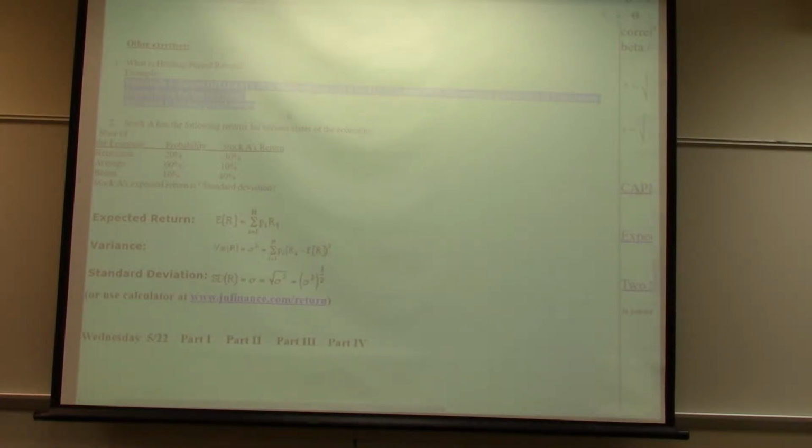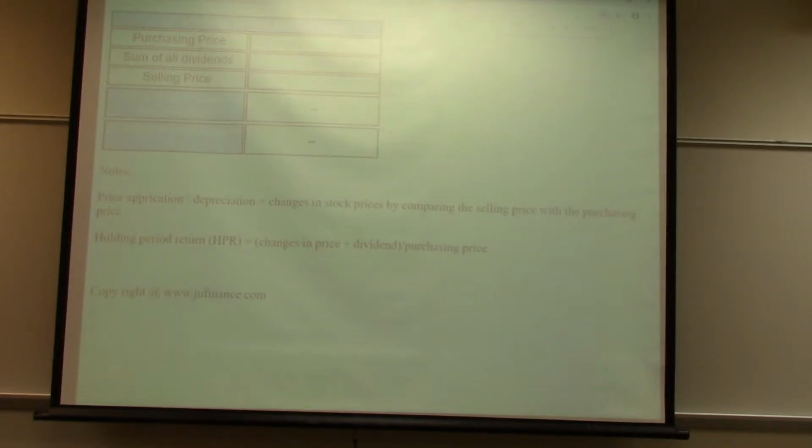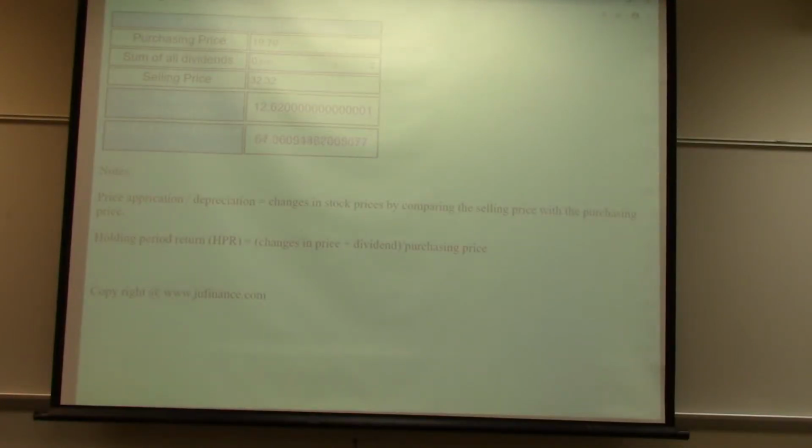So in this one, it should be 32.32 minus 19.70 plus 64 cents, and use the whole thing divided by 19.70. That's your holding period return. How much is it? There's a simple calculator I made. Holding period return, 19.70, 32.32, and 64 cents.